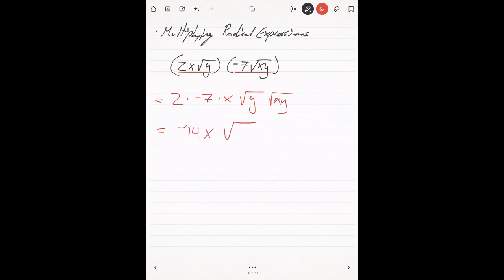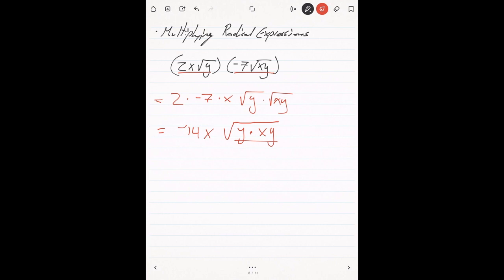And then we are going to go ahead and use the multiplication property to recombine these. We said if you are taking the radicals and they're the same index, they're both square roots, and you're multiplying them together, you can actually multiply those radicands back together. That's what this is saying.